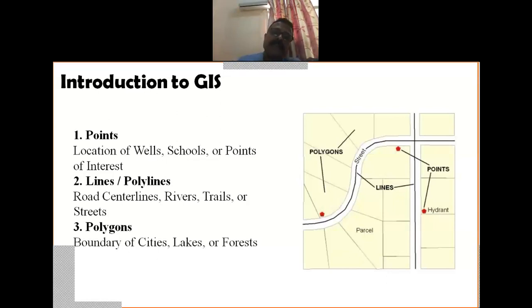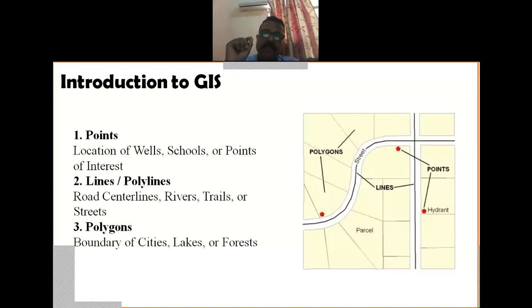Maybe you can take it as an example that these are some villages. If you want to pinpoint the location of a village or your own location in the computer, it can be represented by one point. This point is an example of a vector model.